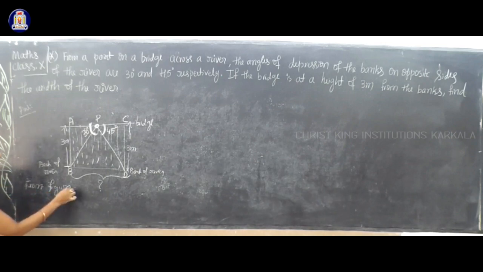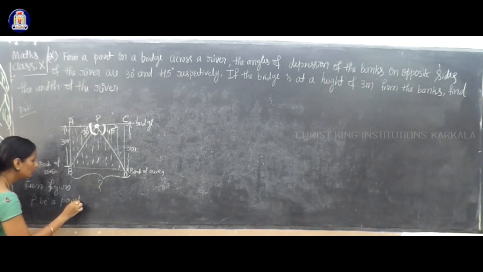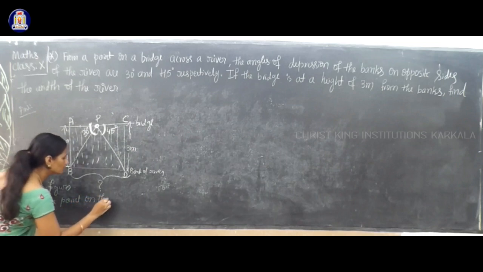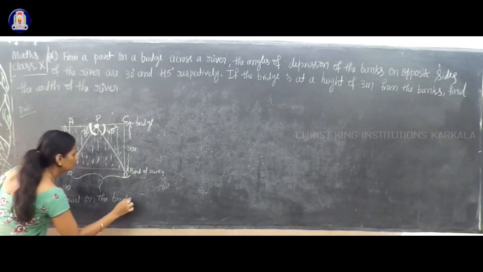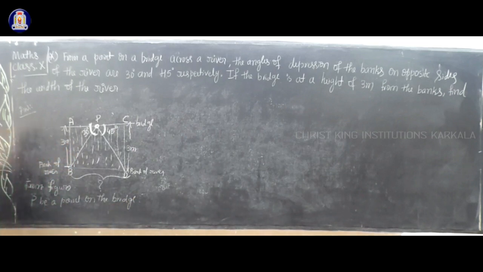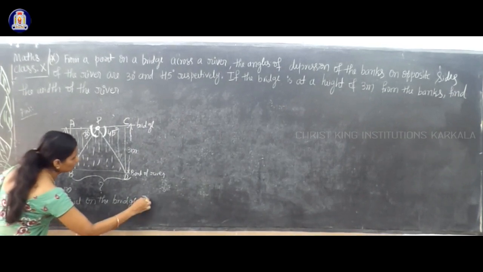So from the figure, P is a point on the bridge. AC.